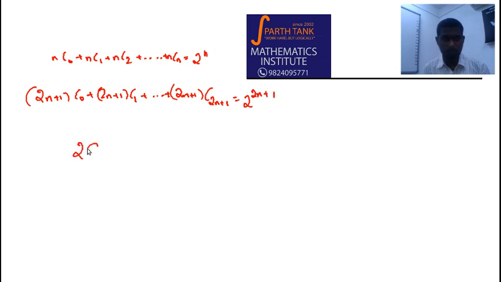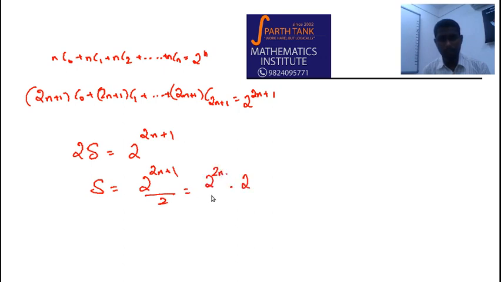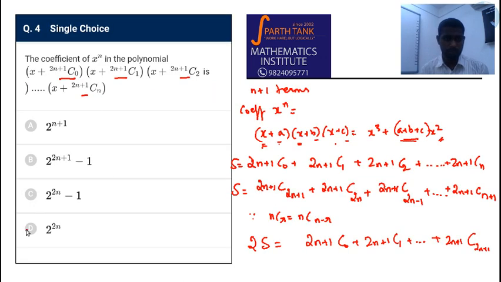Therefore 2 times the summation is 2 raised to 2n plus 1, or the summation is 2 raised to 2n plus 1 by 2. Now this numerator can be simplified as 2 raised to 2n into 2 by 2. So 2 raised to 2n is the coefficient of x to the power n. A very simple idea. Remember this expression of binomial theorem. So the answer is 2 raised to 2n, option D.